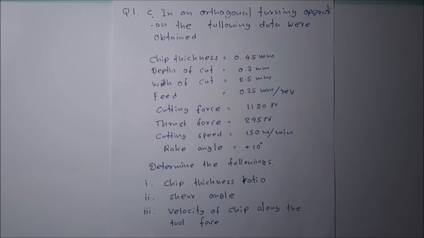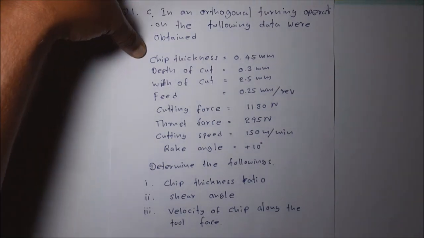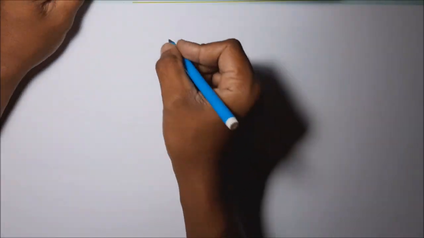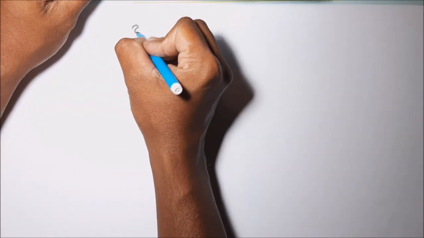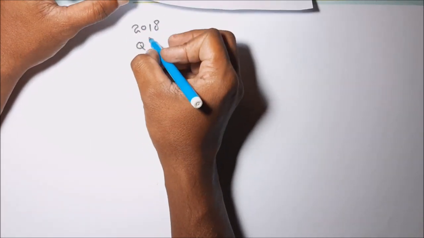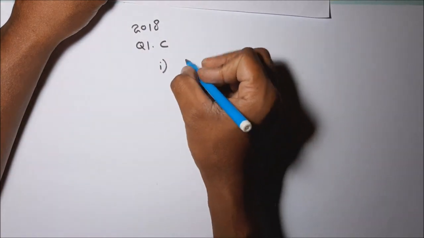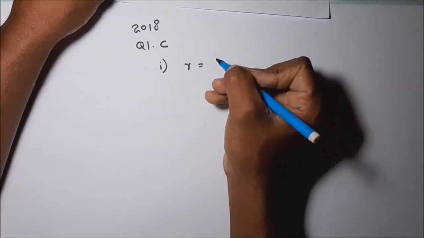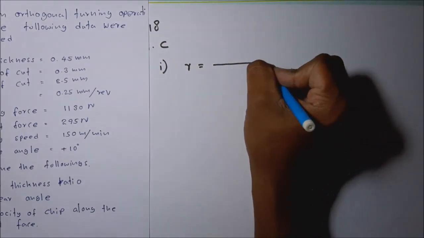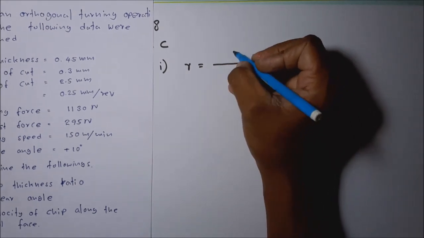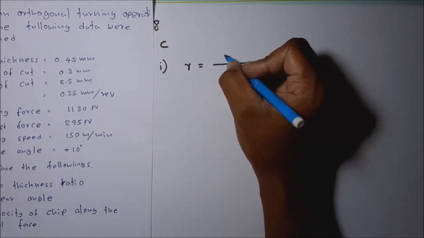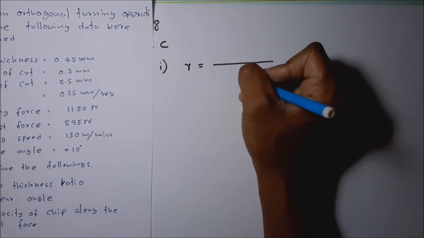First we have to calculate the chip thickness ratio R. R is equal to t1 divided by t2, that means undeformed chip thickness divided by the chip thickness.